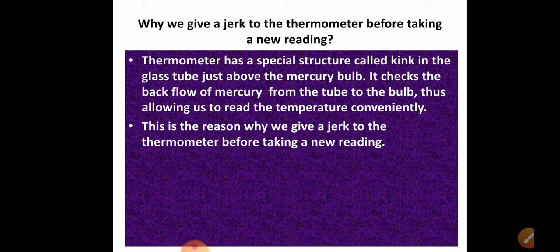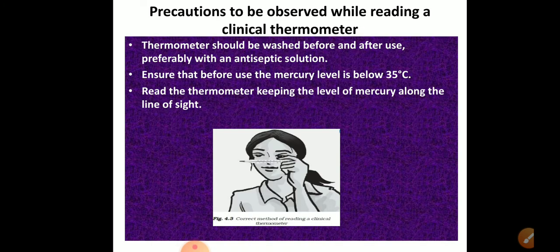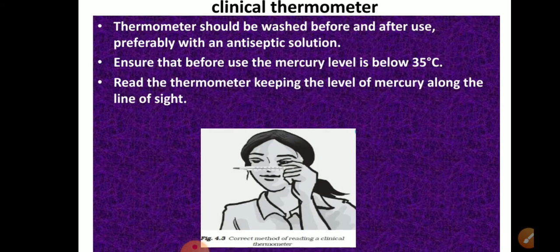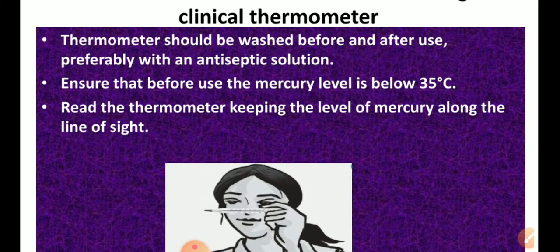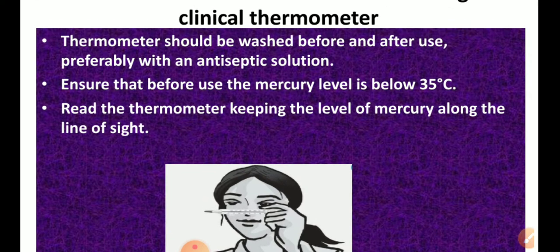Okay. Now next, what are the precautions to be observed while we are using the clinical thermometer? The first precaution is the thermometer should be washed before and after use.